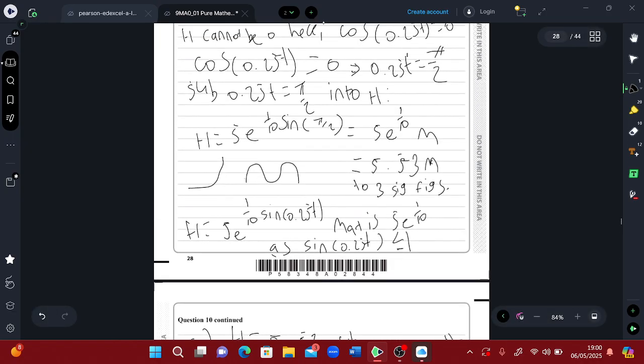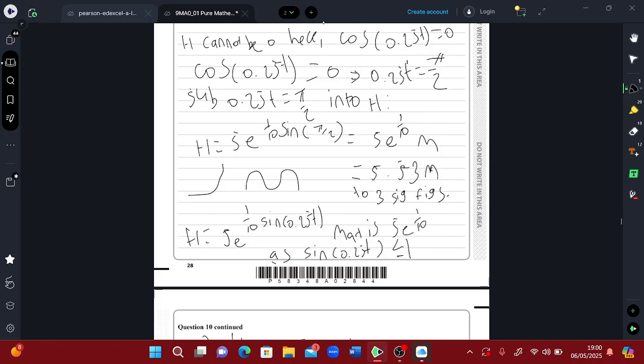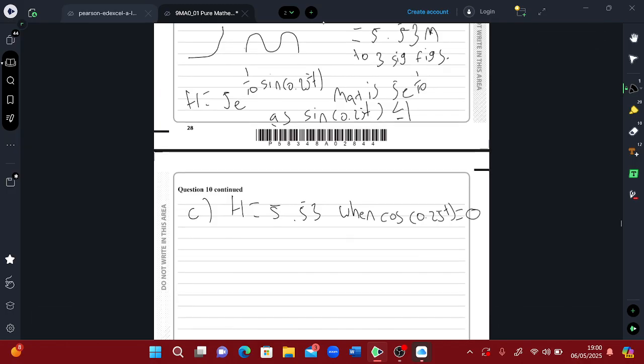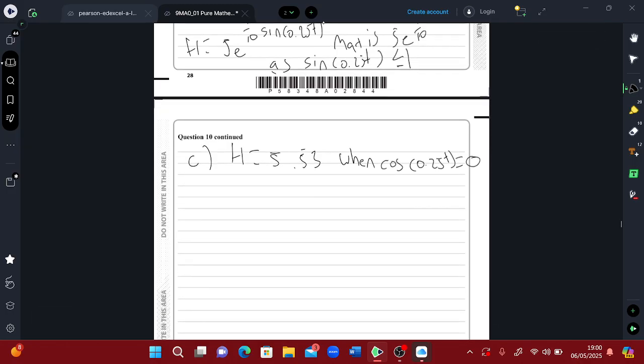Oh no, was it sine? No, cos. When cos is 0. So essentially, we're just solving this.